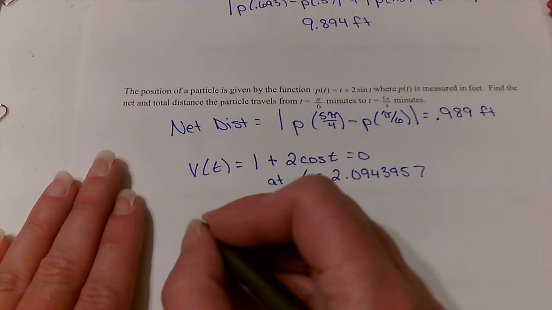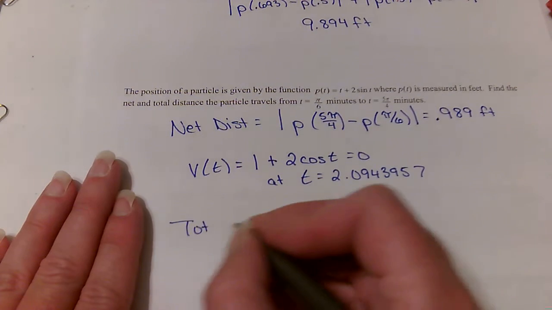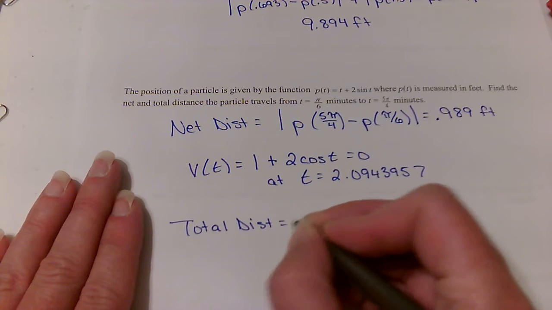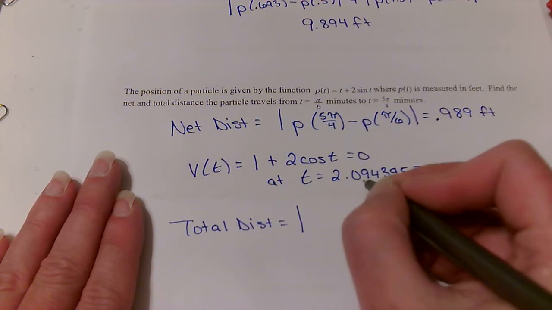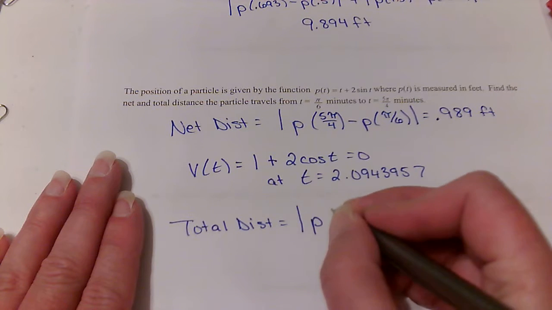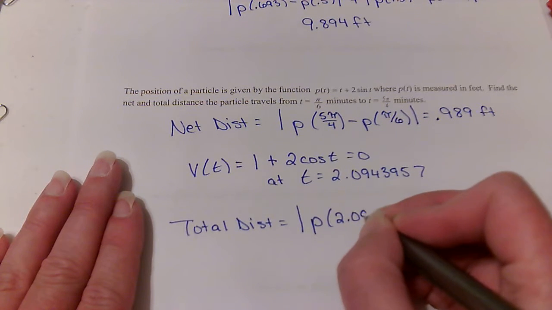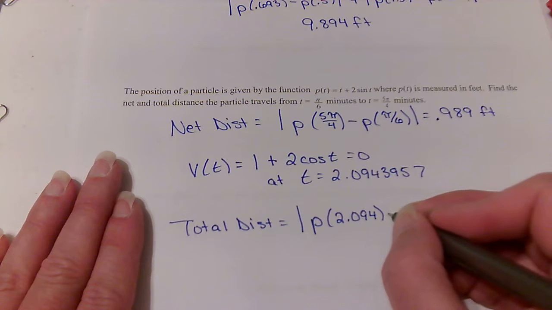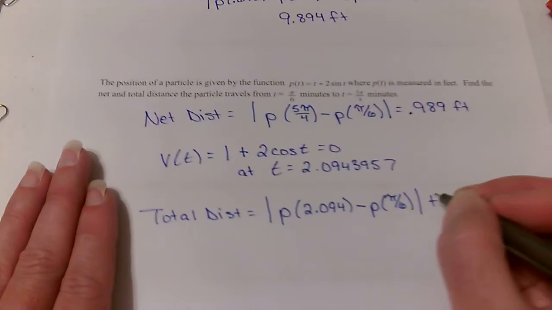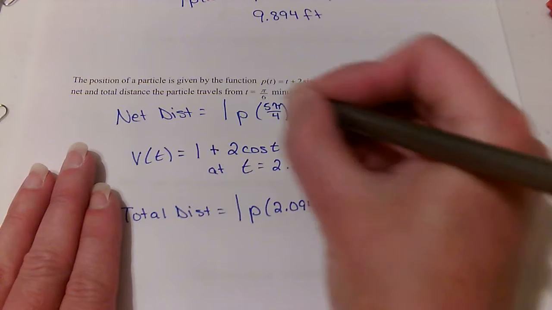So I need to find how far I went in the first part. So that would be from here to here. So the position at 2.094 minus the position at pi over 6 plus how far we went from here to there.